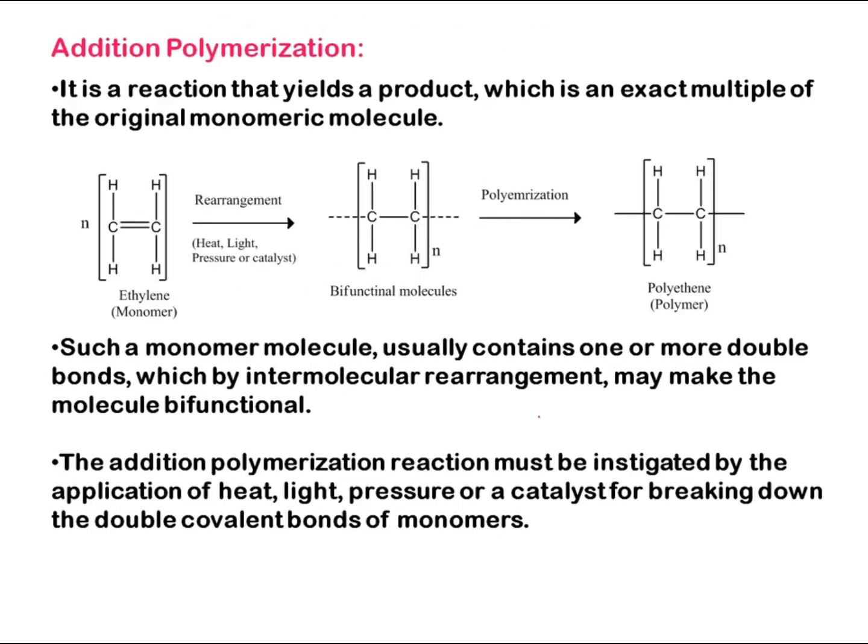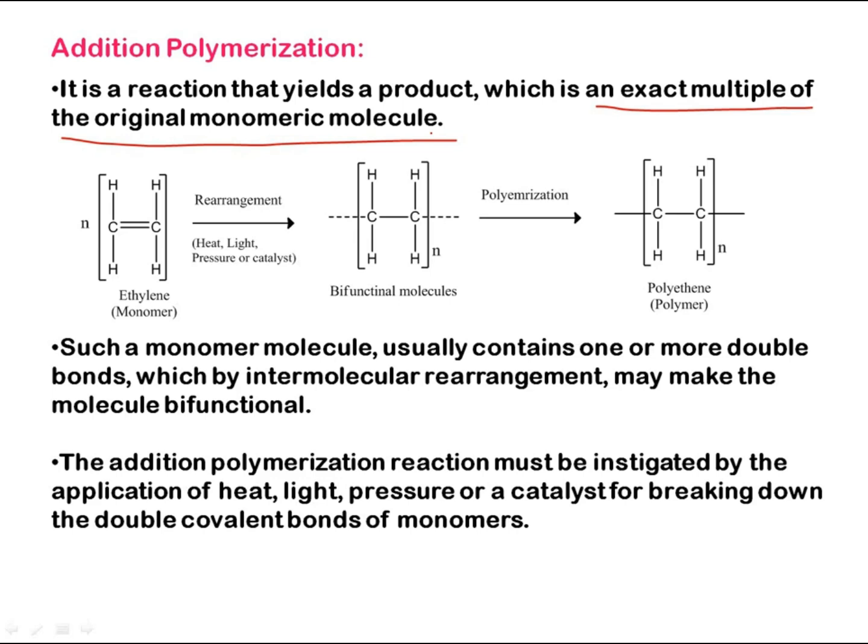Now, addition polymerization. This addition polymerization reaction yields an exact multiple of the original monomeric molecule. When we compare the molecular weights of all the monomers taken in the reactants, and the molecular weight of the polymer, both are equal.